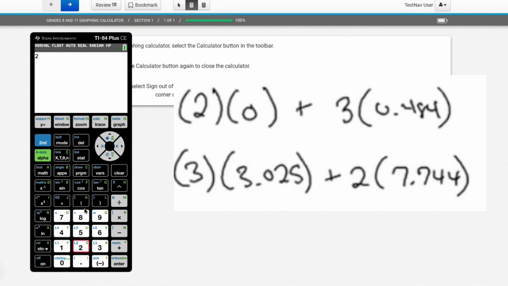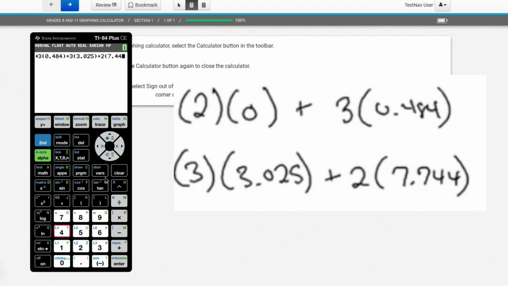Okay, 2 times 0, probably don't need to use that, but I did it anyway. The next one was 3 times 0.484, easy to memorize, that's a Pottstown area code from where I'm from, plus 3 times parentheses 3.025, and then the next one was 2 parentheses 7.744.